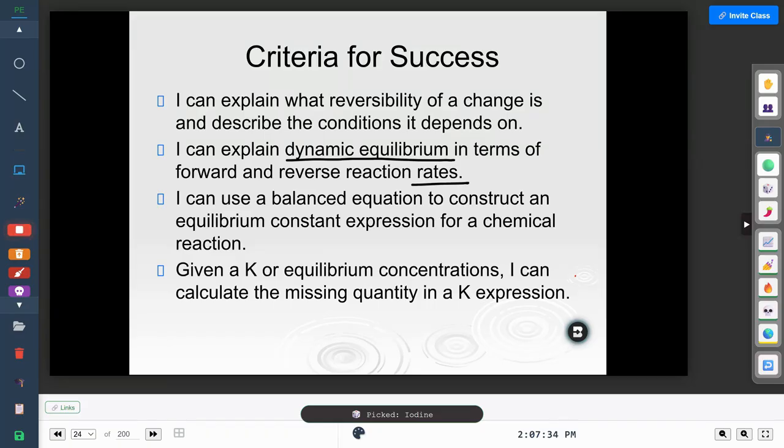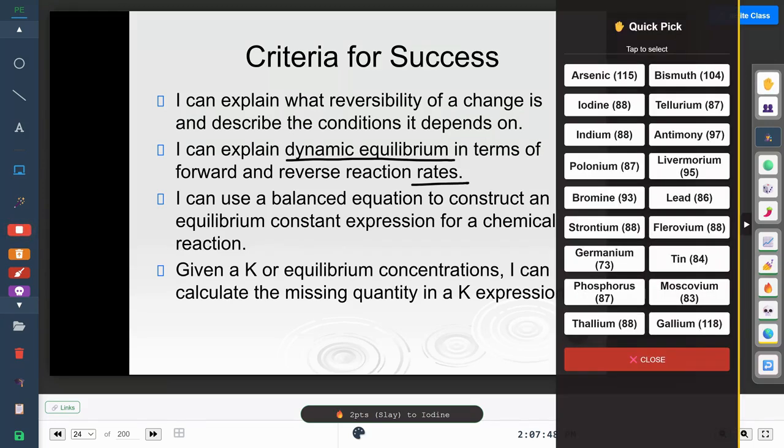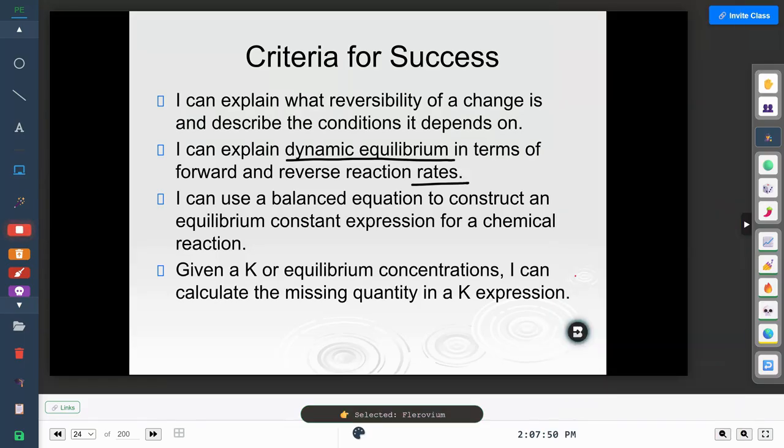Okay, we find out K at equilibrium when the reaction rates are equal to each other, but it still doesn't tell me what it tells me. So I like where you're going, but we haven't quite got there. Let's go with flerovium. Tells the ratio of the mathematical product of the concentration of the substances. Okay. In your own words? It's kind of the words I wanted to use anyway. Use them without reading.